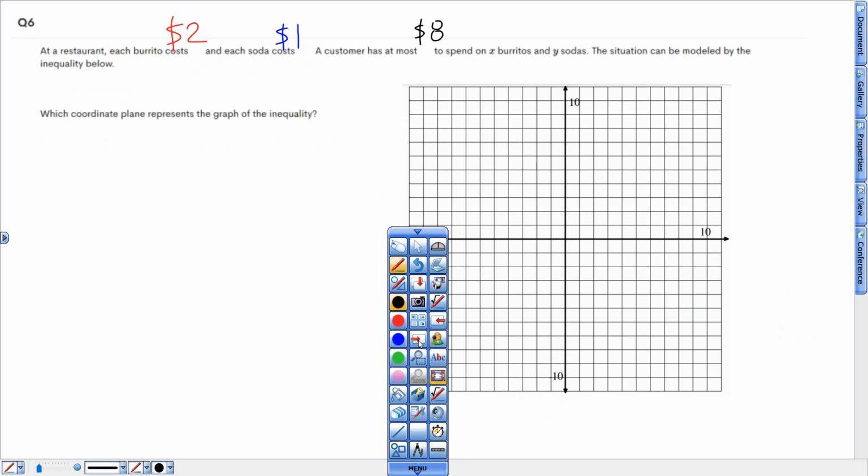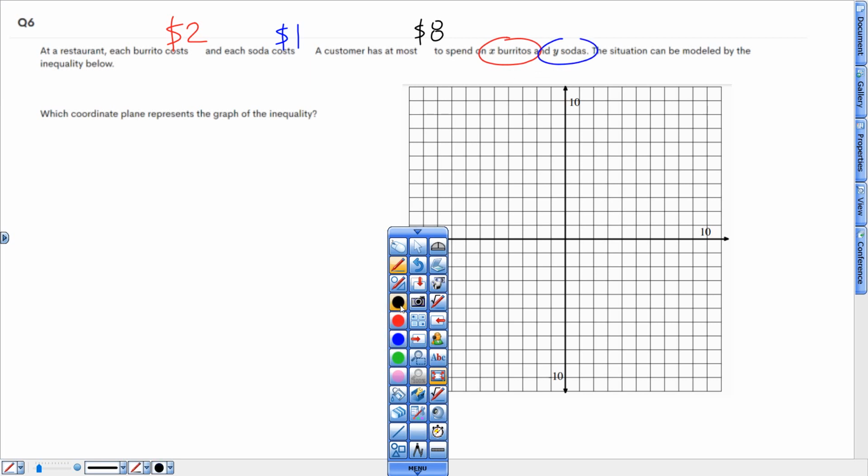Here we go. This one, they want you to write the inequality and then graph it. Second word is snow. I'm not sure if I said the second word, but snow. All right, so here we go. $2 burritos. They're going to tell you burrito is X. Y is going to be soda.